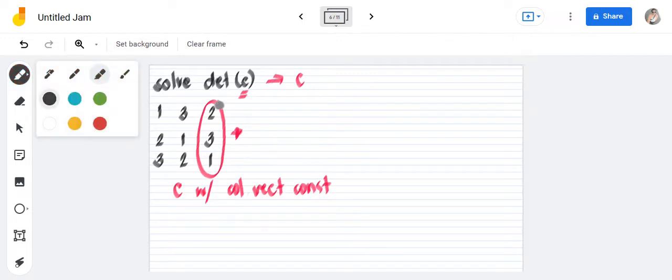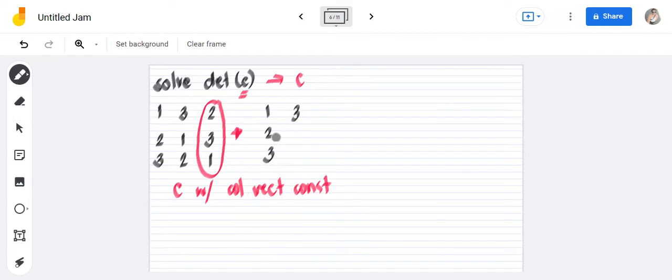With that, we now have 1, 2, 3, 3, 1, 2, and we replace it by 4, 5, 6.